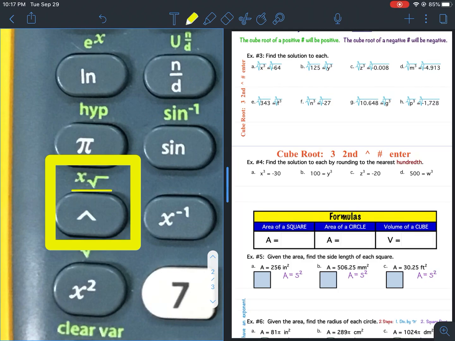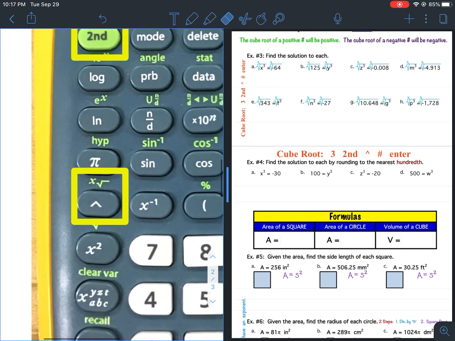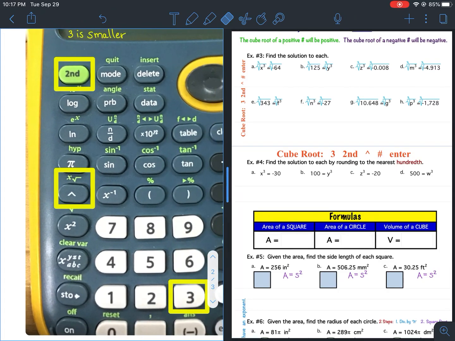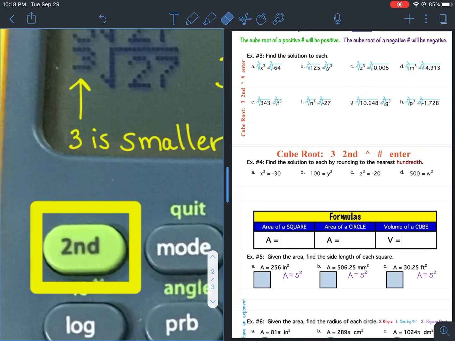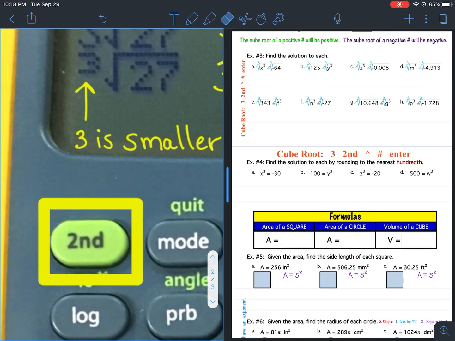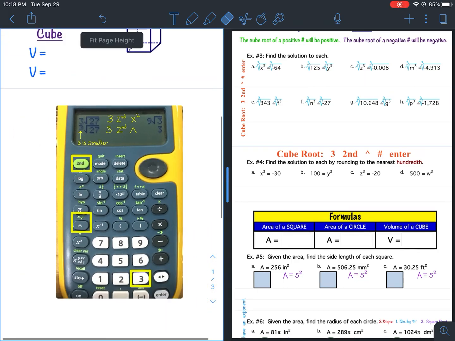If you press 5, second, caret, that'd be the 5th root. If you put in 11, second, caret, that'd be the 11th root. So this button allows you to put in any root that you need to. Again, if you're using the calculator from the school, press 3, second, and then the caret button. Enter the number and hit enter. Remember, if you're doing it correctly, the number will get smaller. Make sure that number gets smaller.